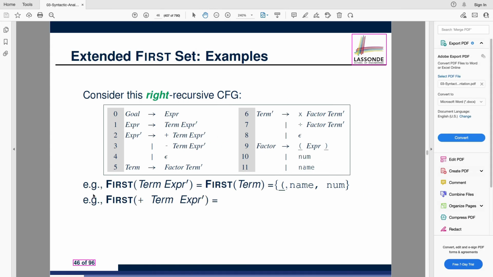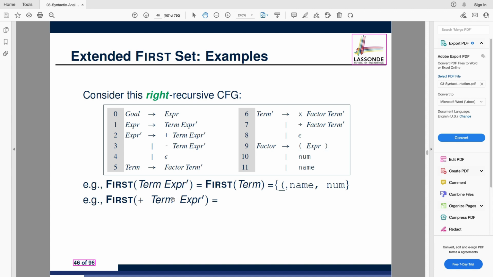What about this? Guys, how do we calculate the first of this list over here? Let's follow the same principle, right? There are 1, 2, 3 components over here. We always should include the first of the first component. The first of plus will just be a plus. That one's easy.